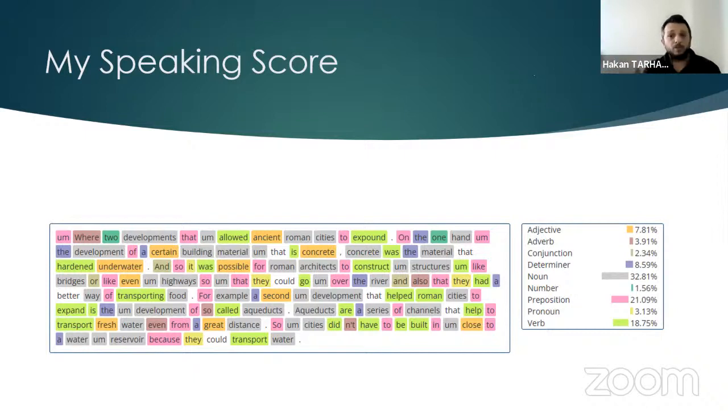So these all contribute to the final score in different ways, and you can have a good idea of what you should do or how you should practice. For example, when we look at these scores, we can see concrete repeated twice in very close instances, a lot of fillers like ums used in speech. So these are things that a student can work on in the near future.